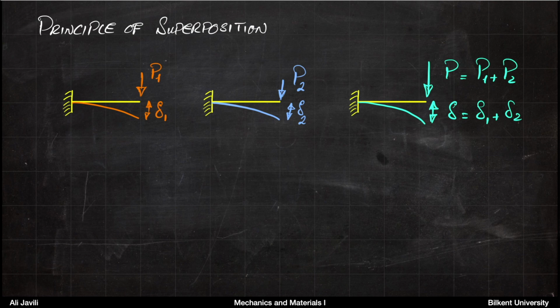So here is the question. If we define the problem 3 such that in that problem we apply a force P that is the sum of P1 and P2, could we conclude that delta is also delta 1 plus delta 2? So this is essentially the nature of the principle of superposition.